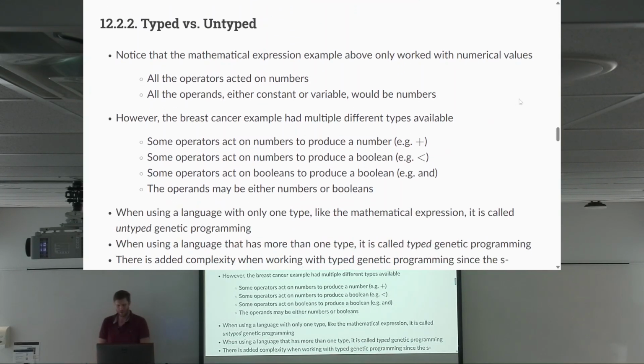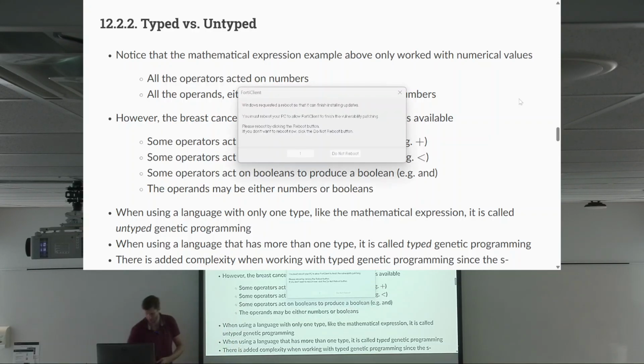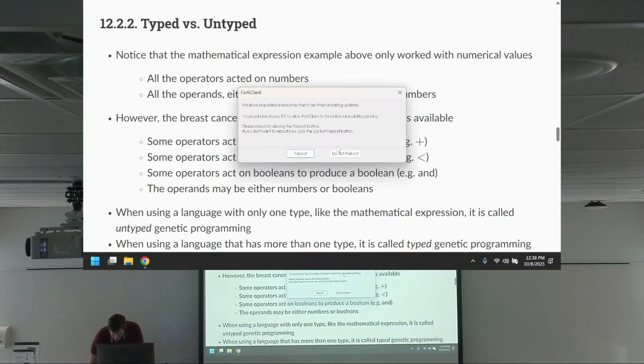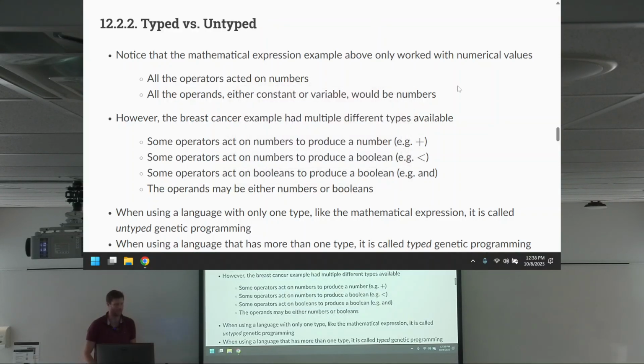If we look at the breast cancer example, there are multiple different types in some of the suggested functions that we were coming up with. There were Booleans and numbers, right? So we have multiple types. So some operators act on numbers and produce numbers.